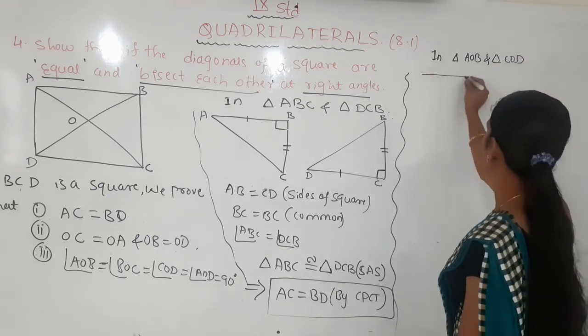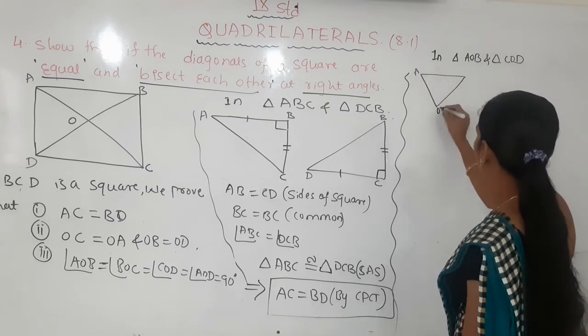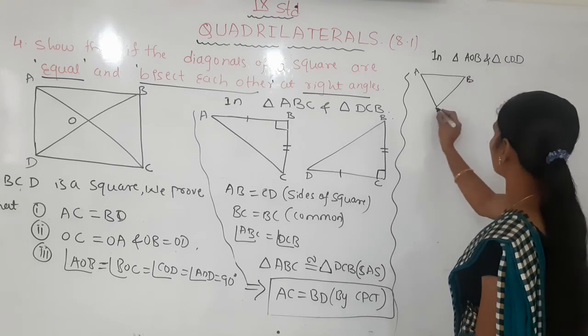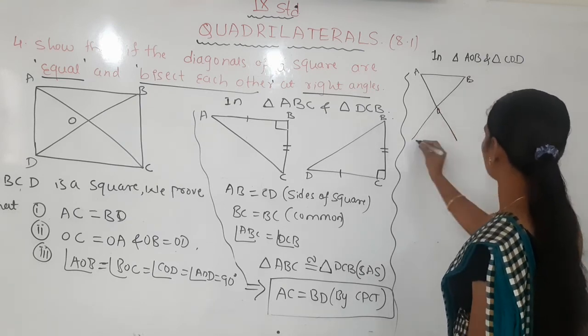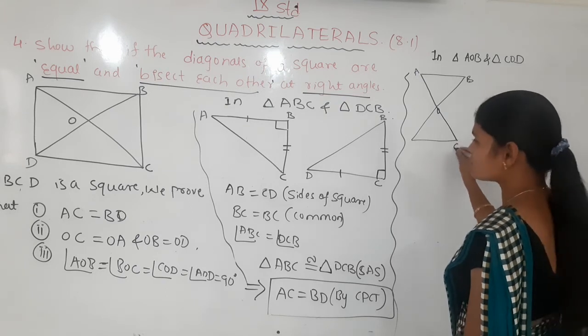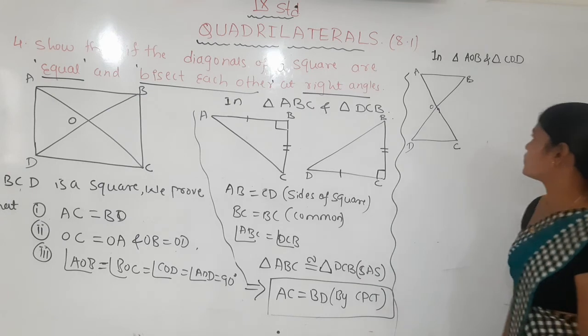Yes, this is triangle AOB and this is another triangle COD. This is the point O.